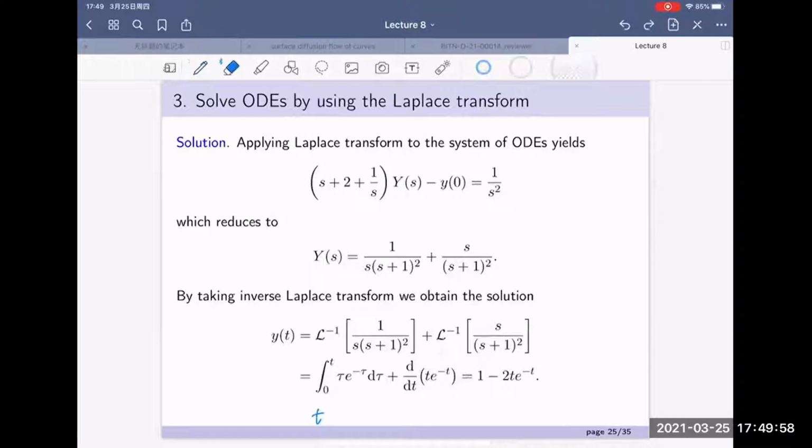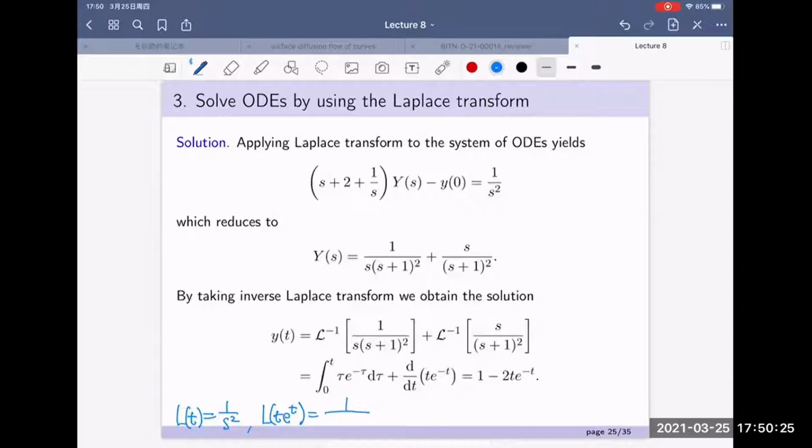So we know that the Laplace transform of t is 1 over s squared. Then the Laplace transform of t times exponential of minus t is this function when you replace s by s minus 1.